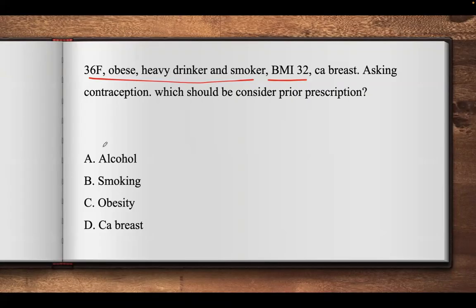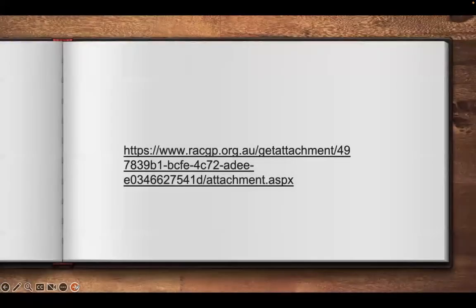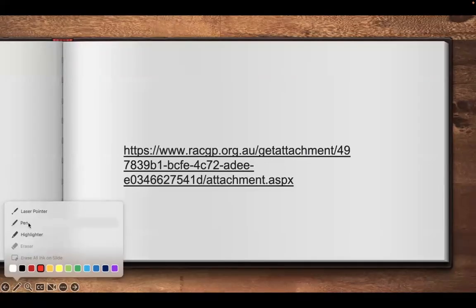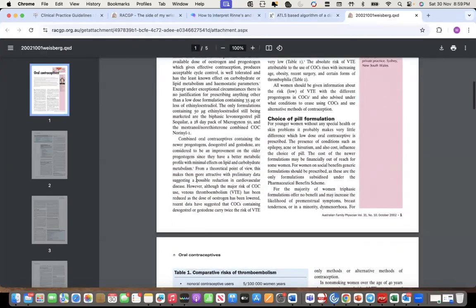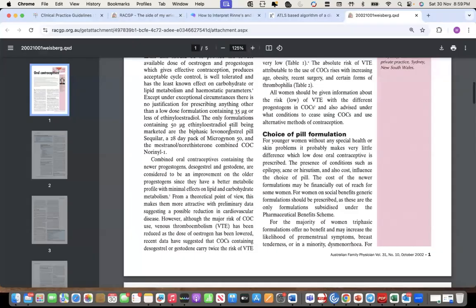All right, so this is obviously carcinoma breast. If this patient is coming to you for contraceptive advice, above all, you will have to check for the carcinoma breast and then you can advise the contraception accordingly. Let's have a look at this reference.